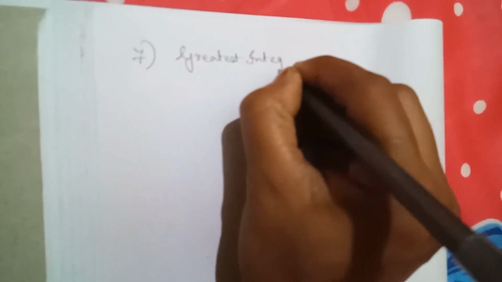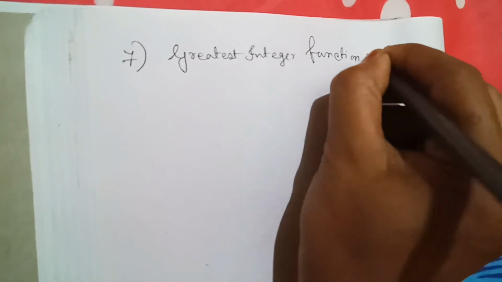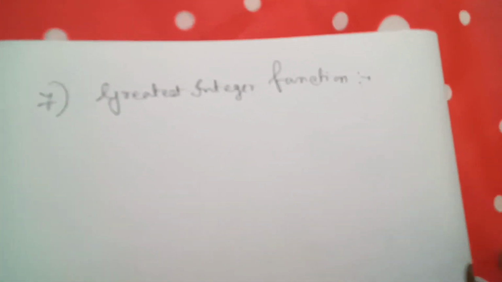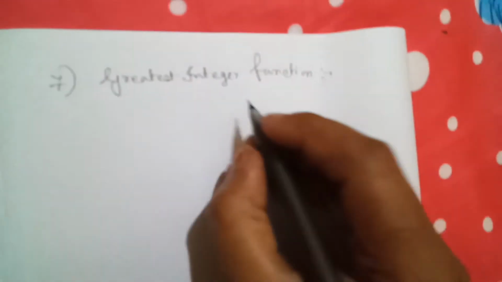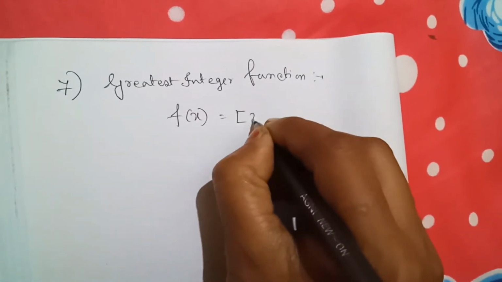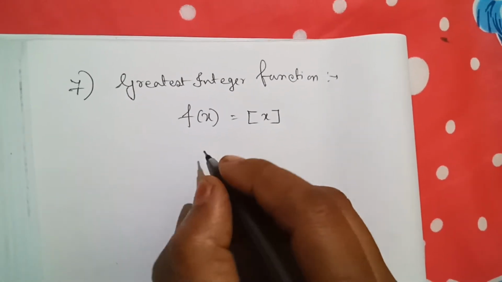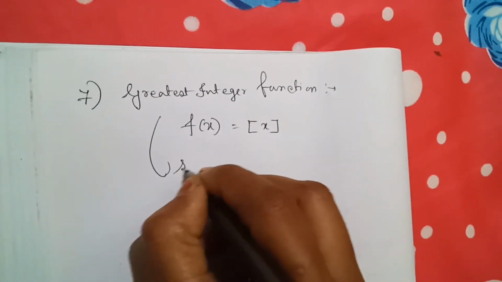greatest integer function. Greatest integer function will be denoted as f of x equals box x. Sometimes this is called the step function.